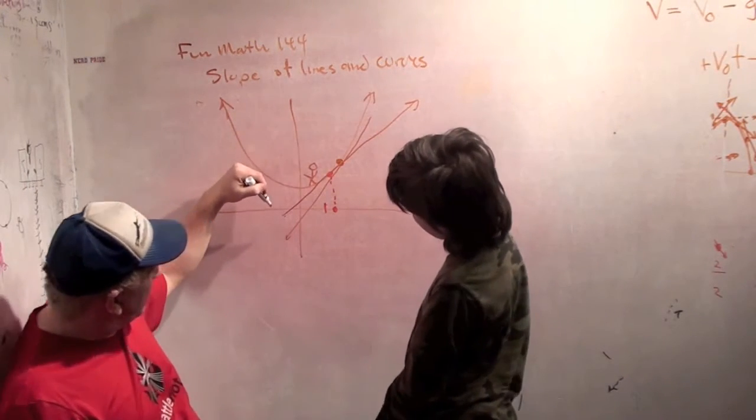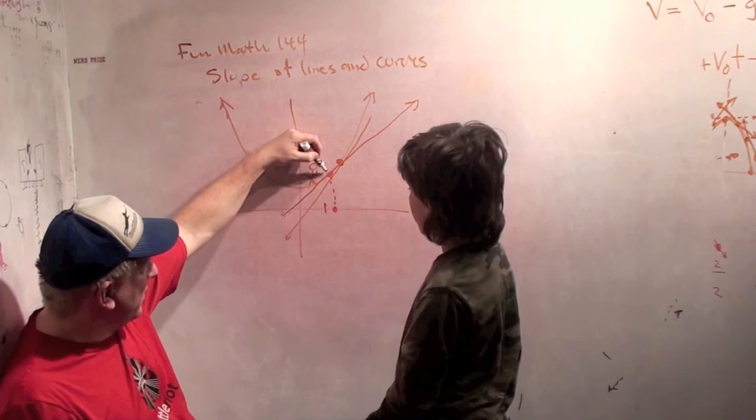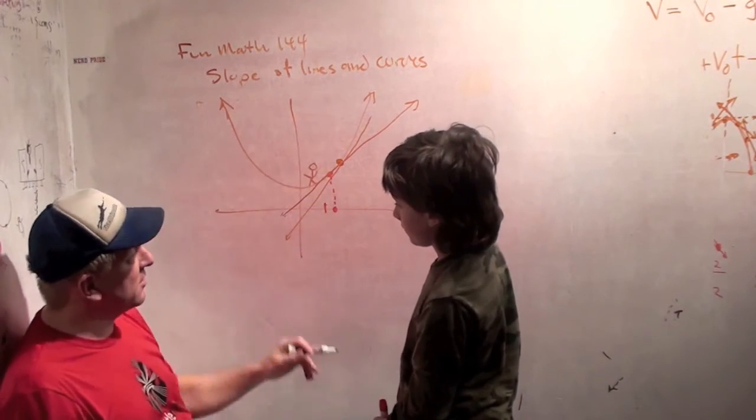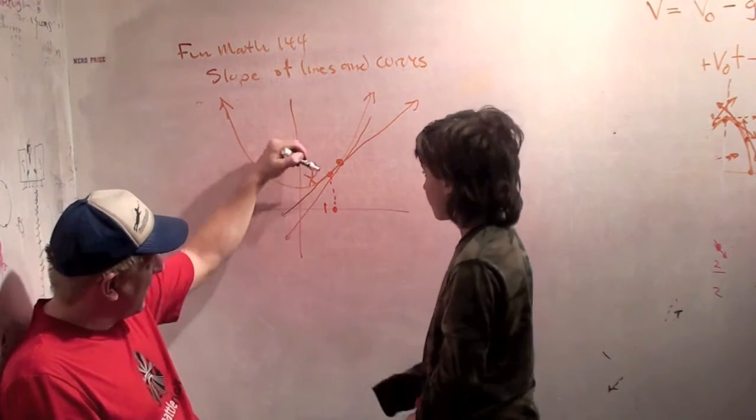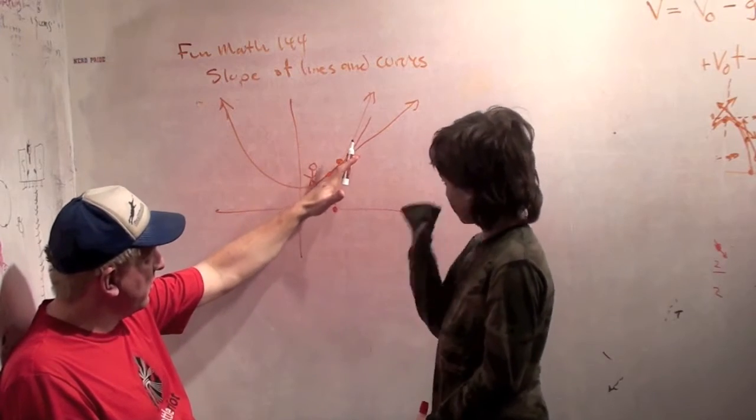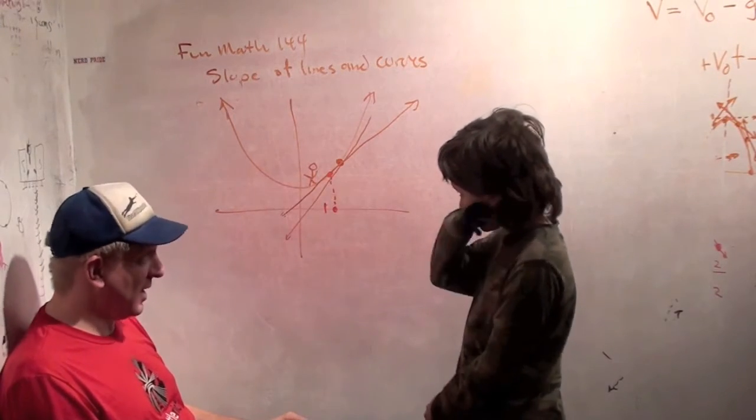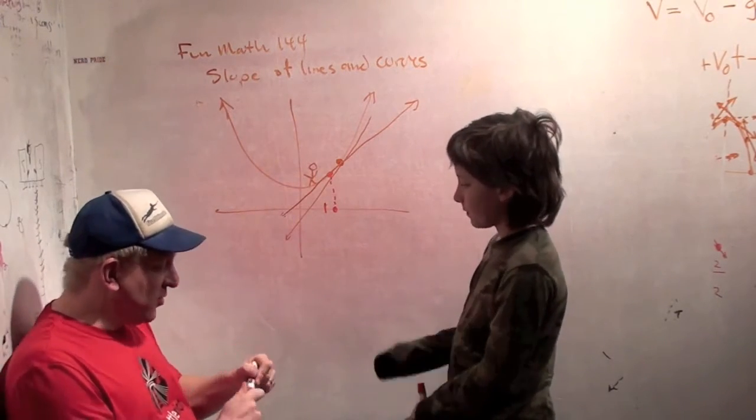Then we squeeze this point closer and closer and see what we get. Hopefully we get a line there, and hopefully we can calculate the slope. It's a pretty cool process.